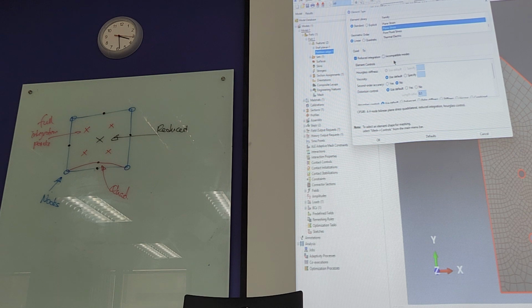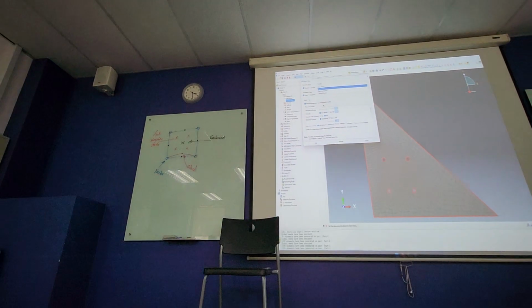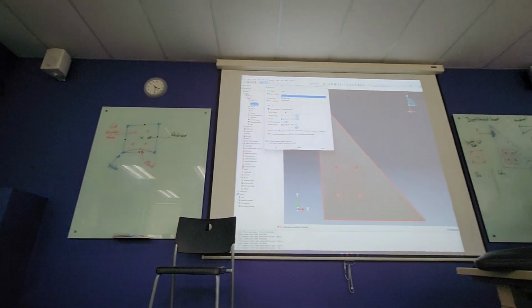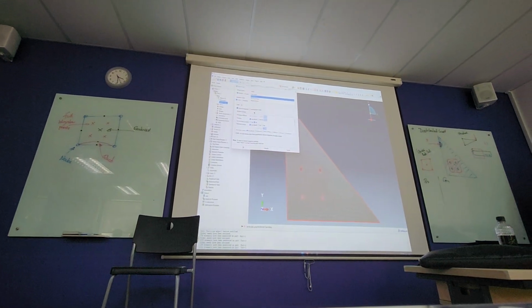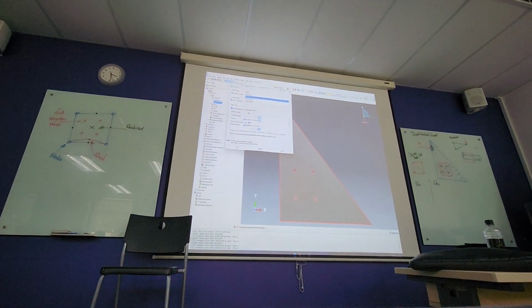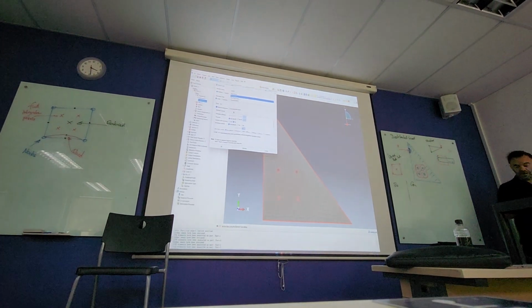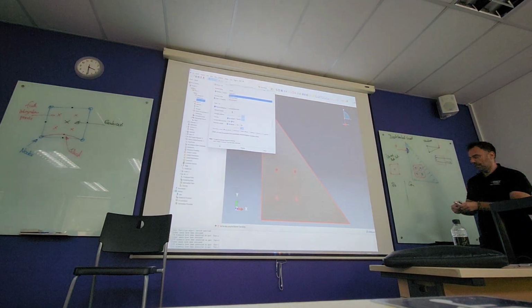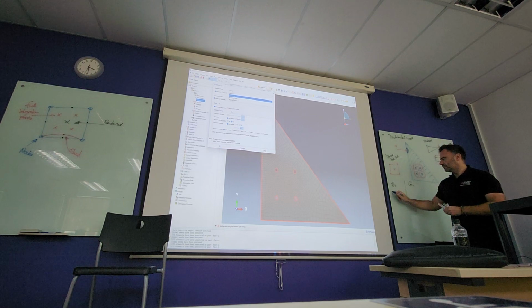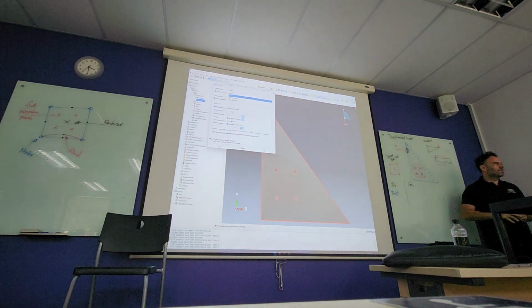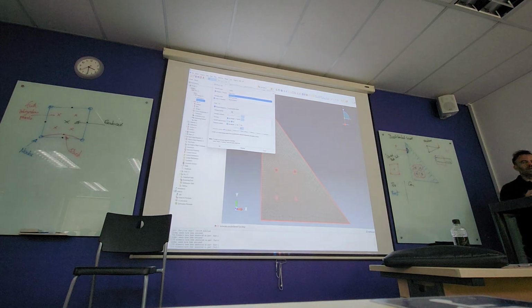So linear reduced integration. What's so good about it? Why are we using it? Lesser processing. Exactly, fast. Yeah? Much quicker, you can bang, bang, bang, get results quick.